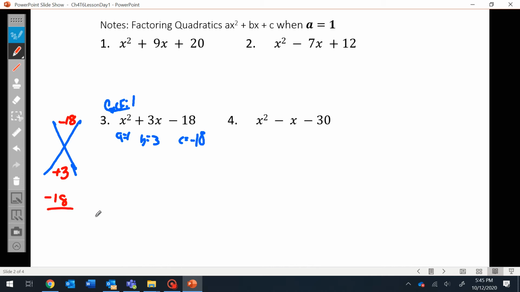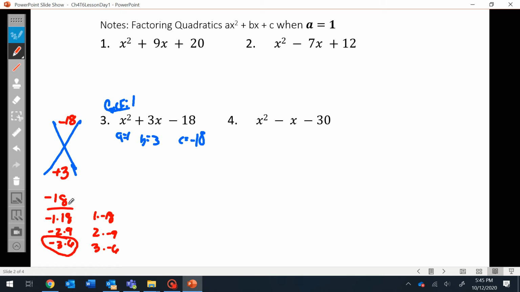So what numbers multiply to -18? Well, I got -1 and 18, -2 and 9, -3 and 6. I think that's it. I also have positive 1 and -18, positive 2 and -9, positive 3 and -6. Well, we can see right here, this is the one I'm looking for.